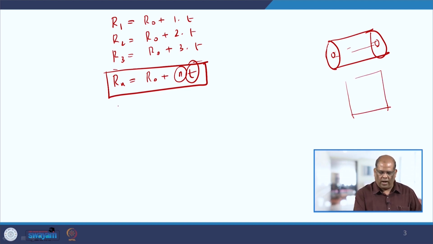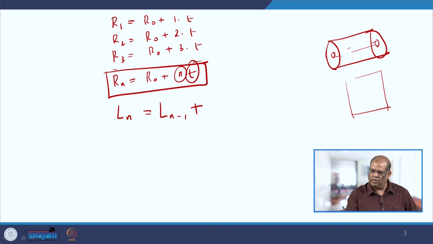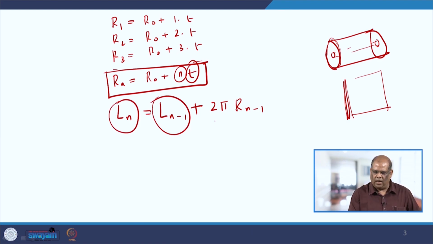So, what you will get is L n, which is the previous length, plus this whole length, which is nothing but the circumference, 2 pi into r n minus 1. So, this is the current length, this is the previous length, and if you add one revolution, which is the circumference of this circle, you get 2 pi into r n minus 1. That gives you the length of the paper.